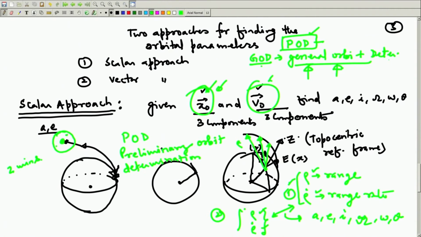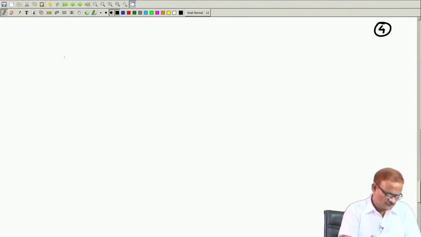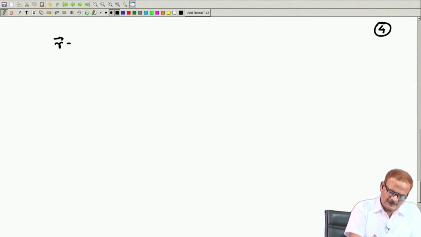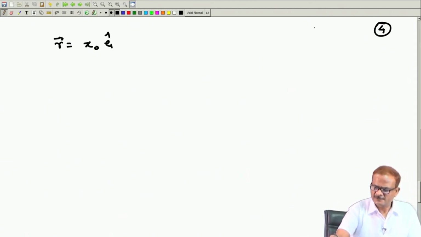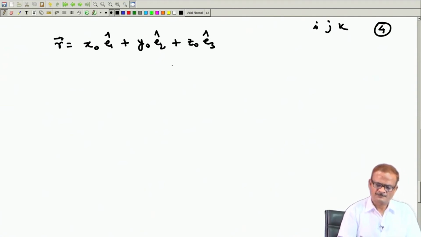Okay, so we start with this introduction, we start with our discussion. Given this r equal to x0 E1 cap, instead of using i, j, k, I will be using E1, E2, E3: x0 E1 cap, y0 E2 cap and z0 E3 cap.